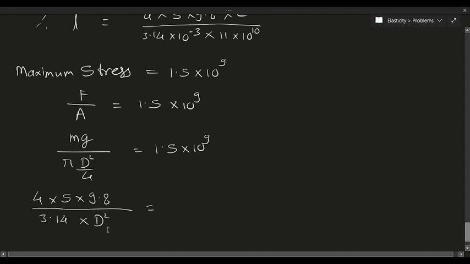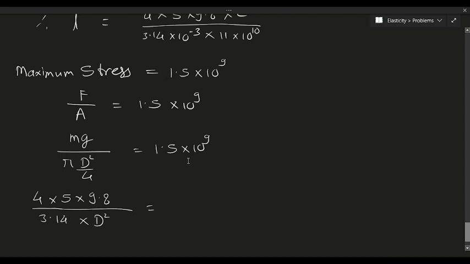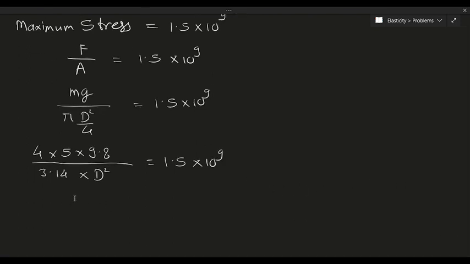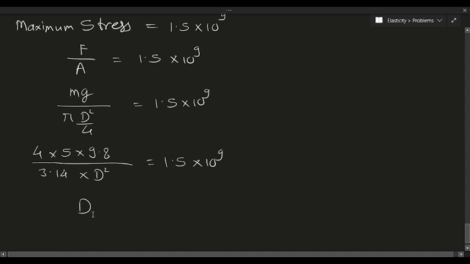So this diameter corresponds to a minimum value, which corresponds to the maximum stress given on the right hand side, 1.5 into 10 raised to 9. So the minimum diameter, I write minimum diameter like this.